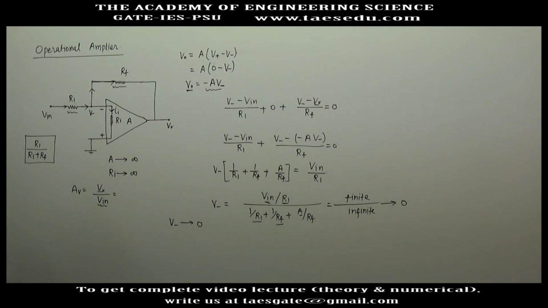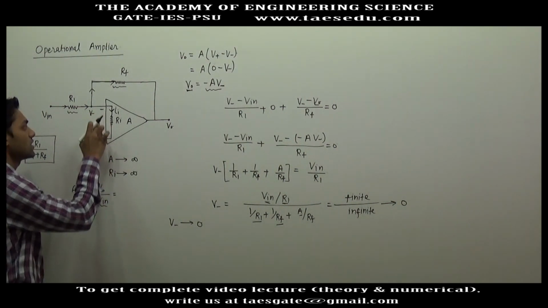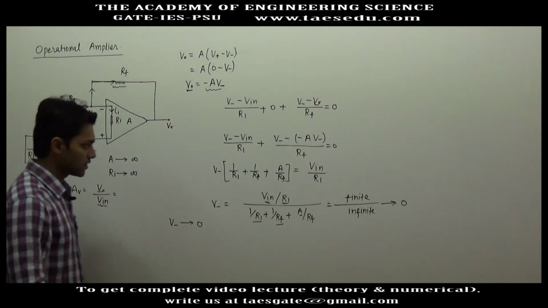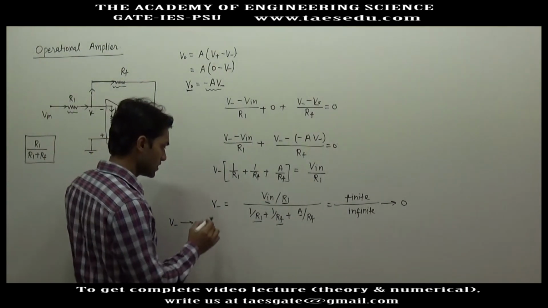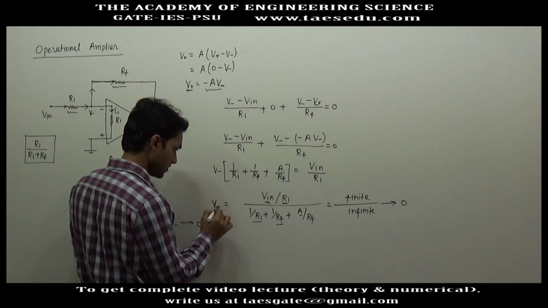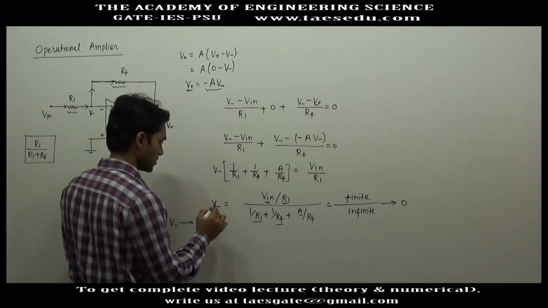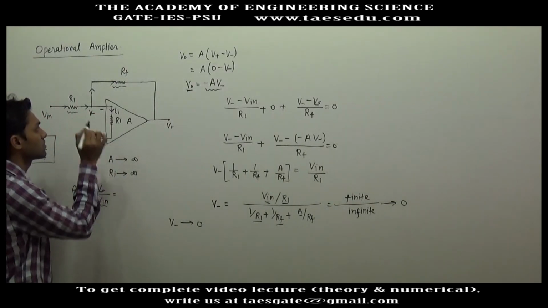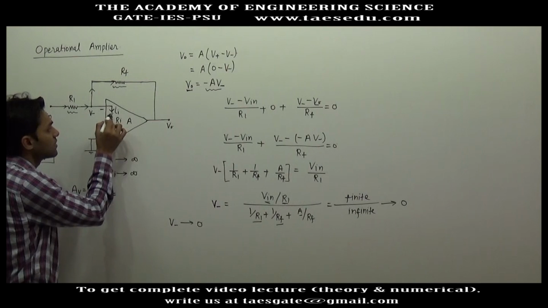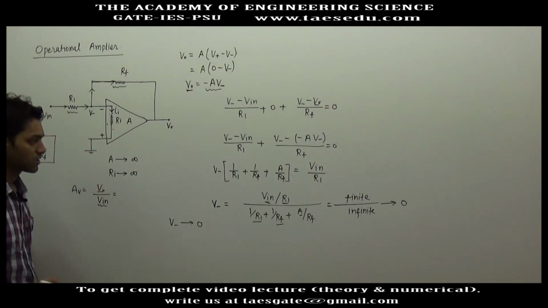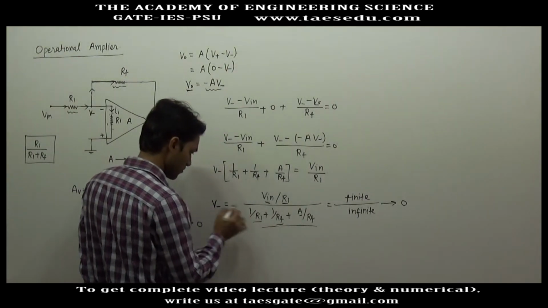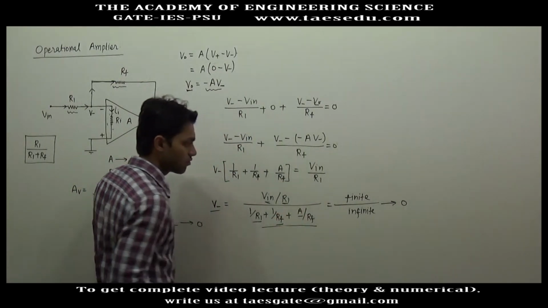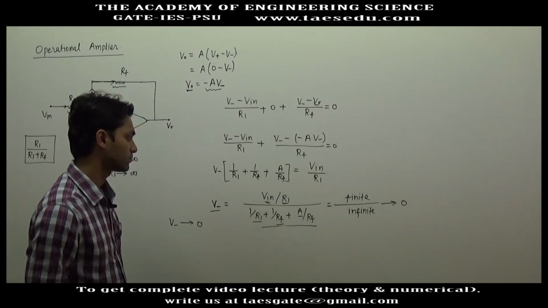Now we can say that these two voltages are the same. And if you see it carefully, what is the reason for V minus to be 0? The reason these two voltages are the same is not that this resistance is infinite. If you see this expression, why is this voltage going to 0? Because the open loop gain tends to infinity.